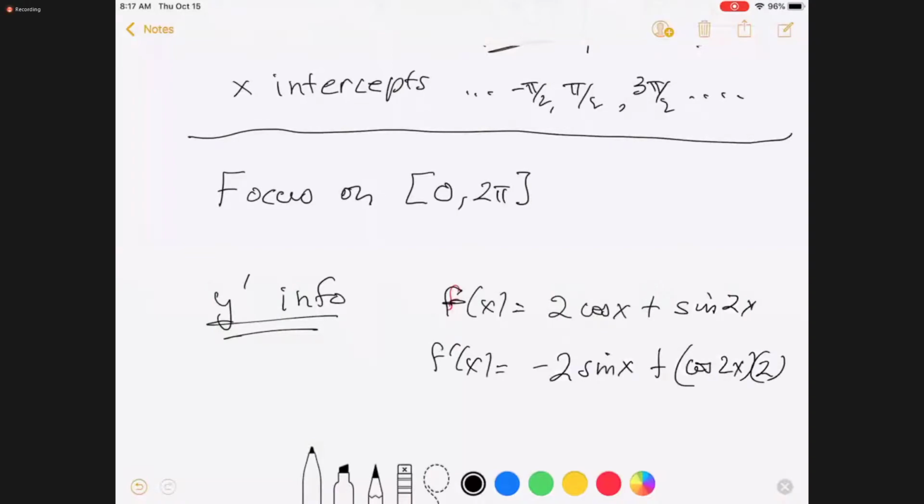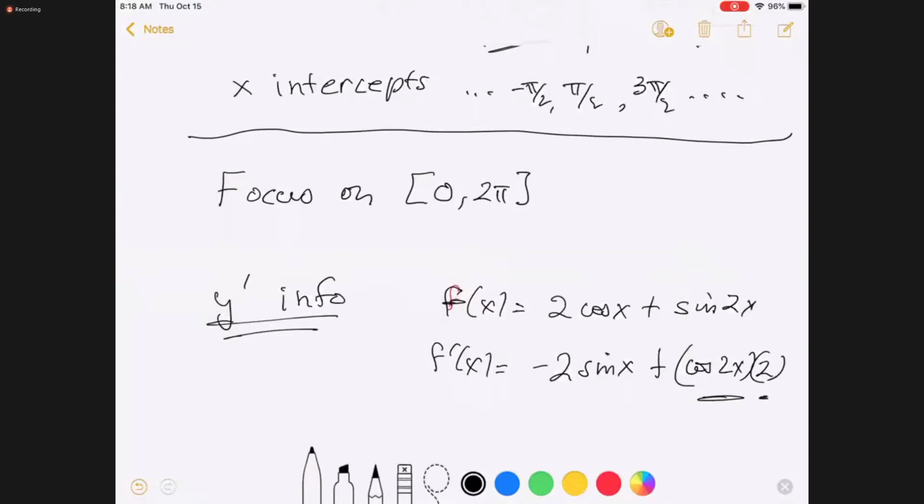That requires a chain rule, that sine of 2x, because the inside function is 2x and the outside function is the sine. So it's the derivative of the outside function, which is cosine, applied to the inside function, times the derivative of the inside function. That's where that extra 2 comes from, the chain rule.